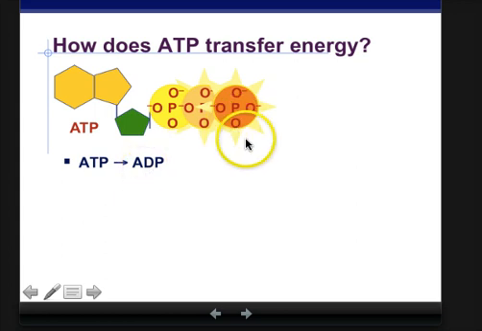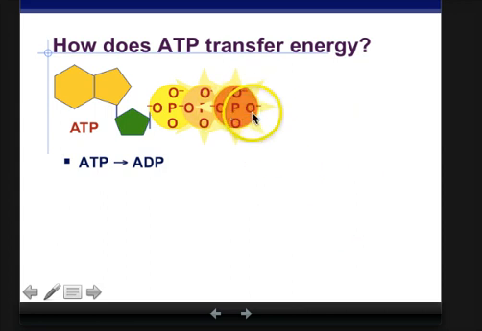So we're going to ditch this phosphate by phosphorylating. So you can think of the third phosphate as the bad boyfriend that ATP tries to dump off on somebody else, and that's phosphorylating. So the other molecule would be considered phosphorylated because it's ended up with that phosphate group that ATP is trying to ditch.